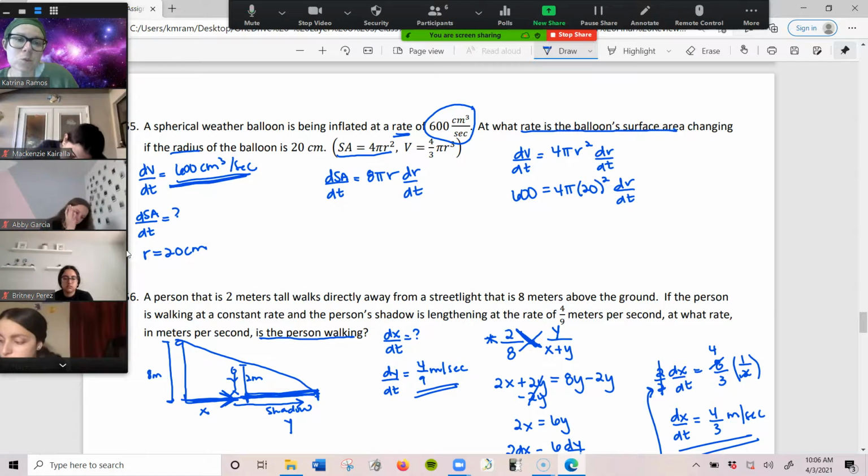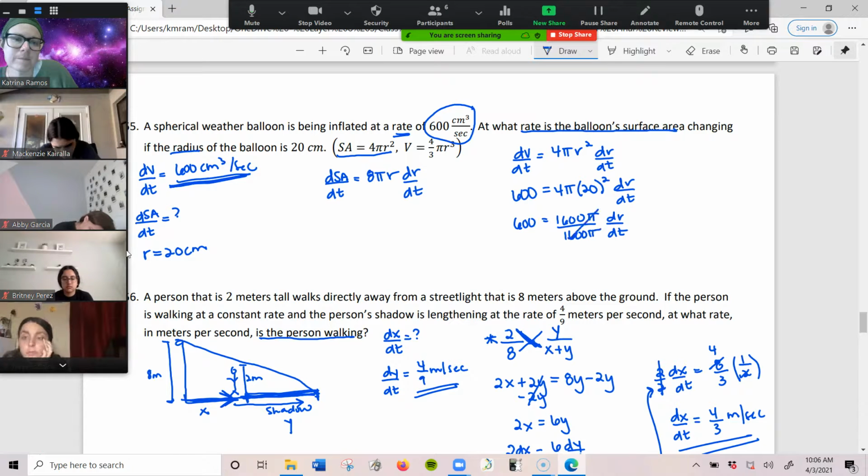Okay, so 20 squared is 400, times 4 is 1600. So we have 1600 pi dr dt. So to solve for dr dt, we're just going to divide by this 1600 pi, which now we can simplify.